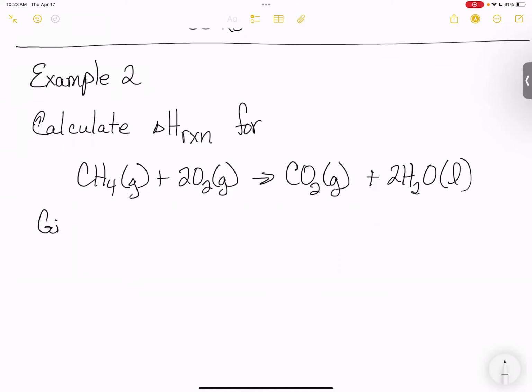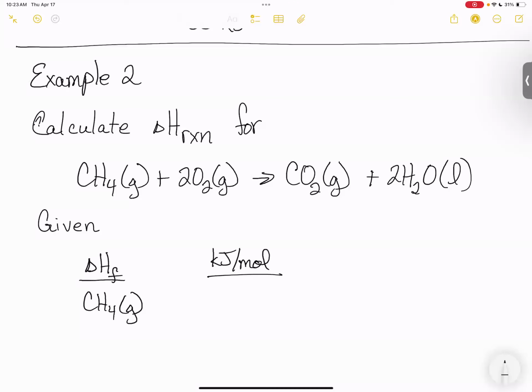Given delta H of formation in kilojoules per mole of CH4 gas, which, as I said earlier, is negative 74.8. O2 gas is 0.